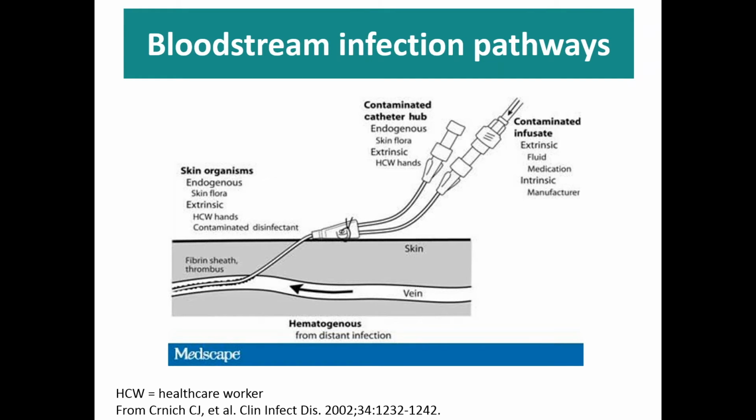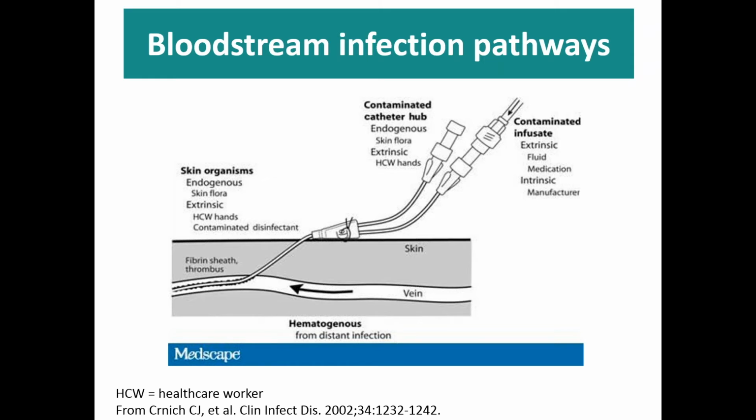The process may happen on insertion if the catheter is contaminated and then introduced into the patient, or via microbial migration at any time while the catheter is in situ. The insertion of an IV device provides a potential portal of entry for bacteria to cross from the unsterile external environment to the normally sterile blood.